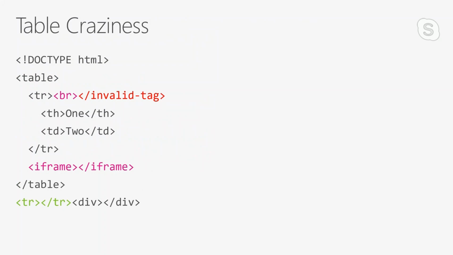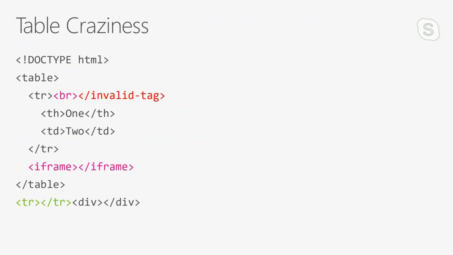Now, what I brought in here is there have been some elements inserted, the magenta ones. So we have a break row here and we have an iframe. They're just inside the table. Note also there's no tbody element, for instance, which is also something that needs to be inserted automatically by the HTML5 parser. In addition to these, let's say, misplaced elements, we also have an invalid closing tag.